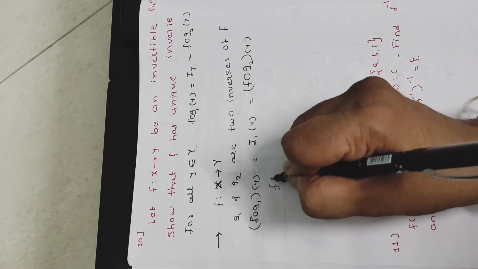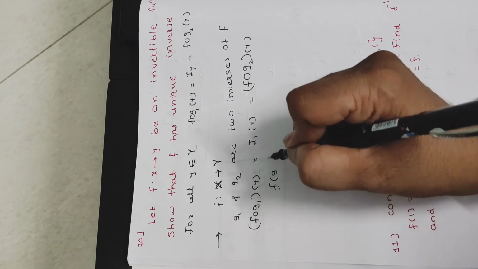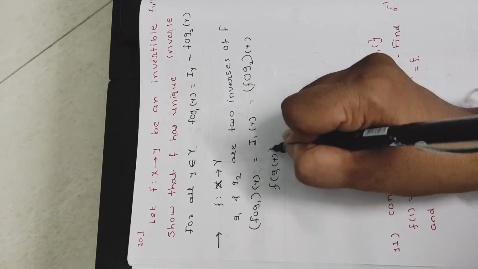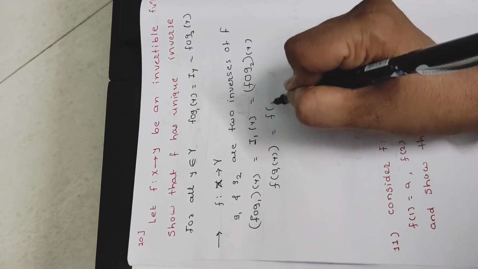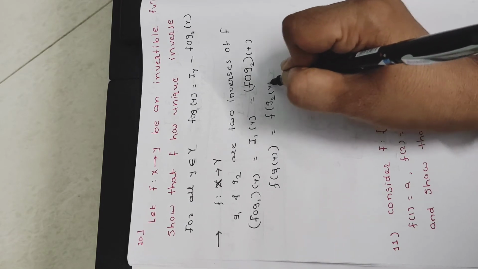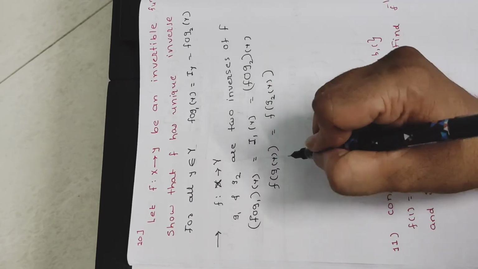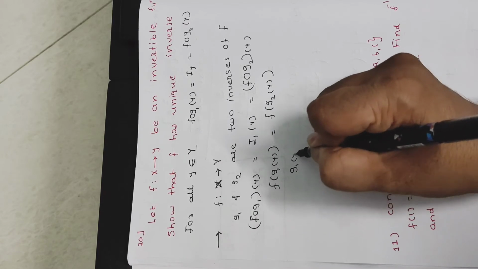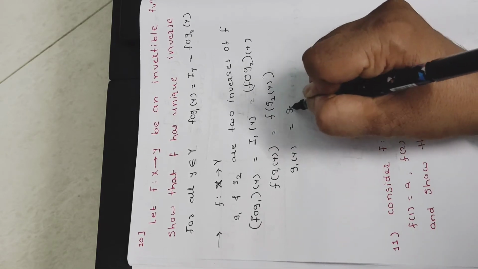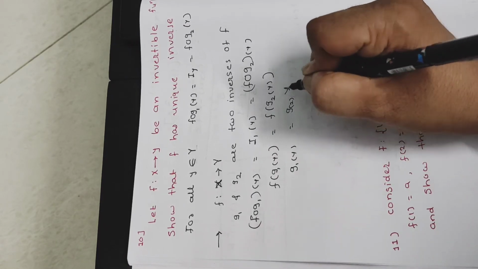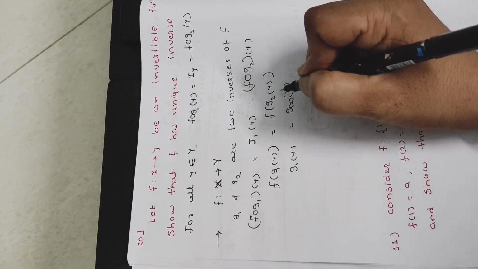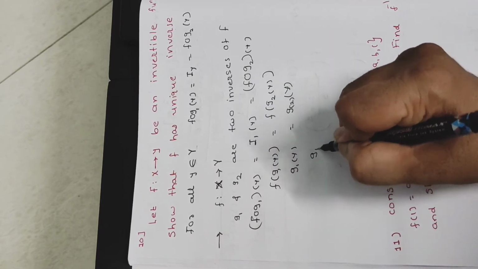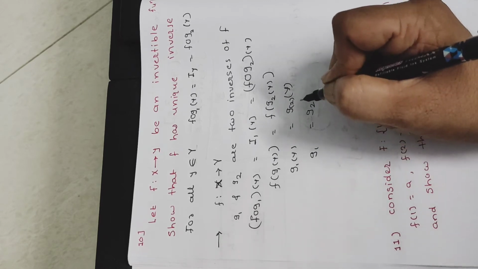So f of g1(y) is equal to f of g2(y), which means g1(y) is equal to g2(y). So g1 is equal to g2.